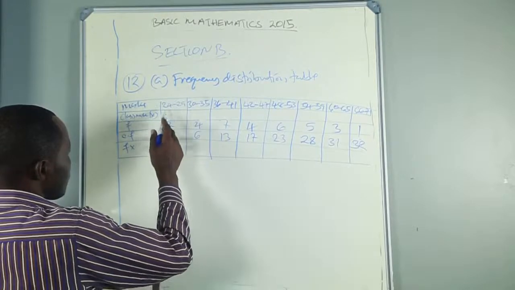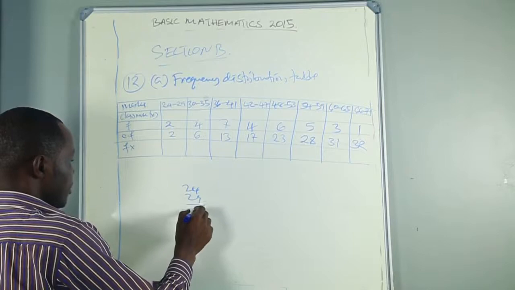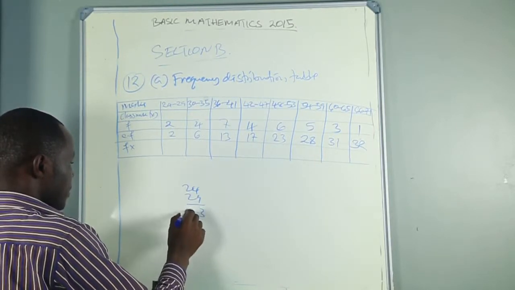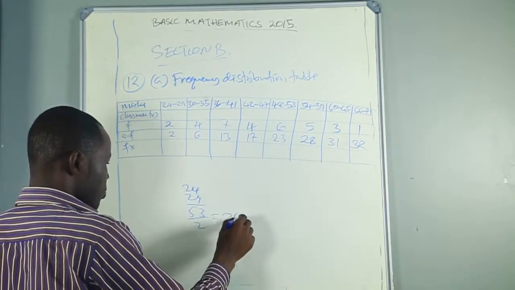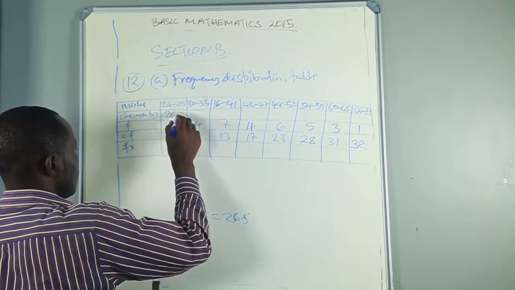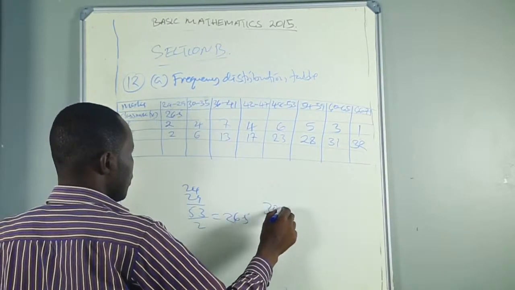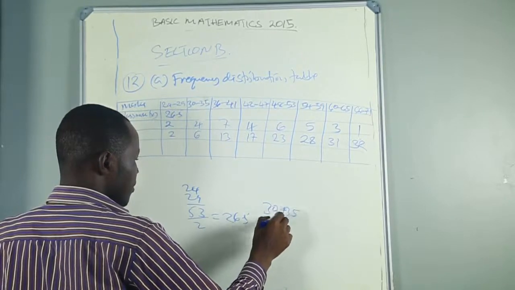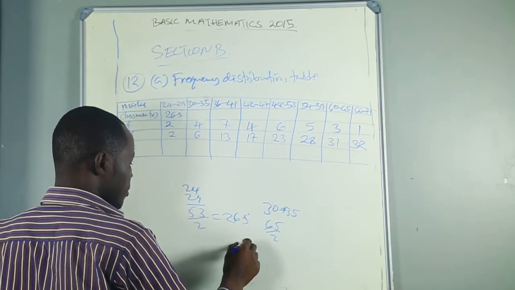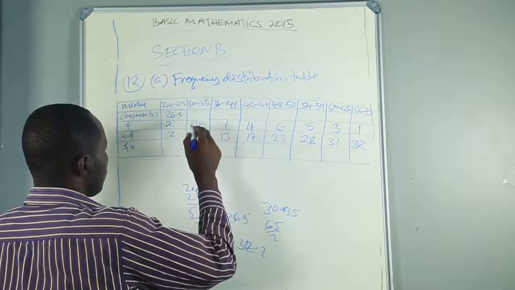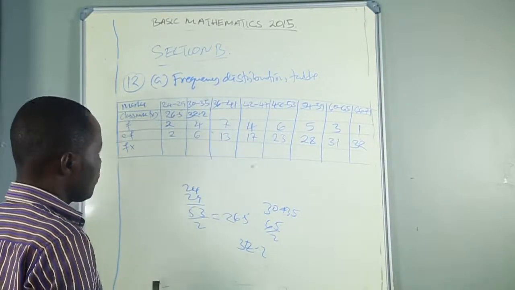Then class mark, we take 24 plus 29 divided by 2. 24 plus 29 is 53. If we divide it by 2, this is 26.5. Then we have the second, 30 to 35. If we add 30 plus 35, 65 divided by 2, 32.5. So we keep on adding 6.